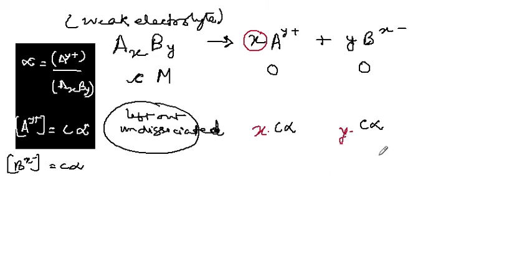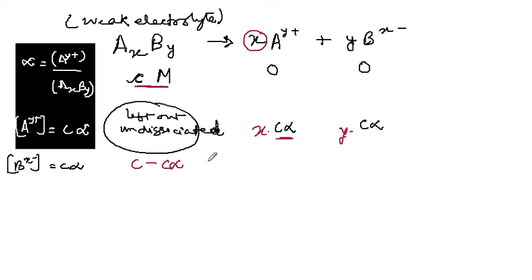Now the number of particles which will be left undissociated would be C minus C alpha. That is the number of particles which have got undissociated.